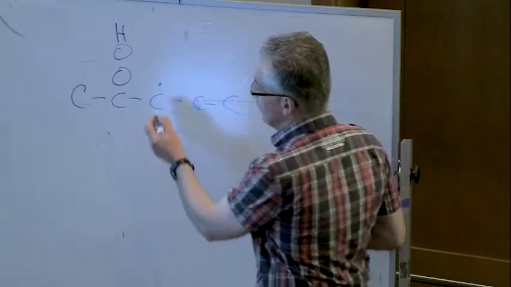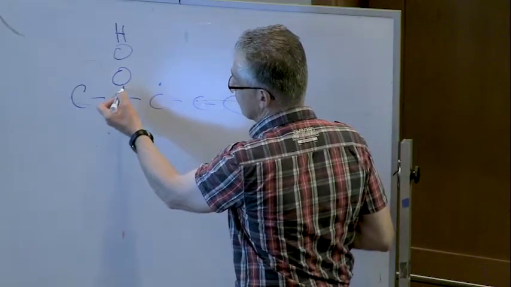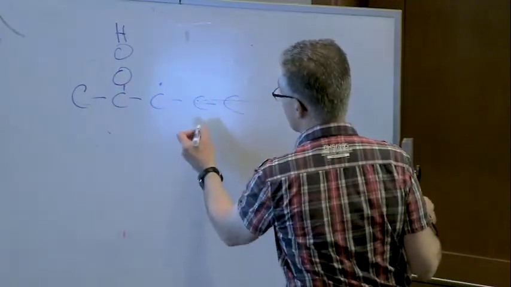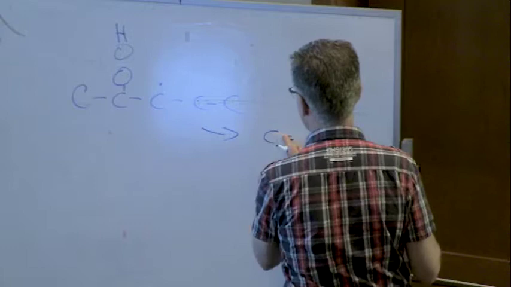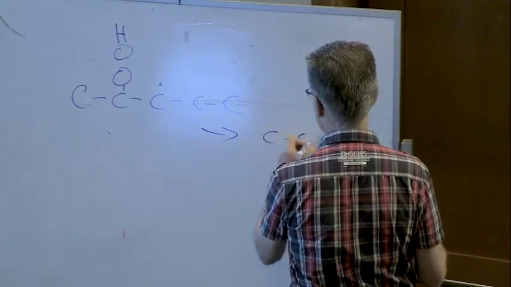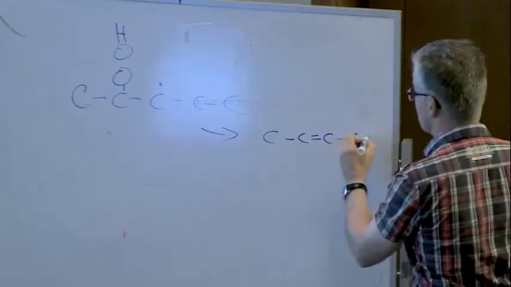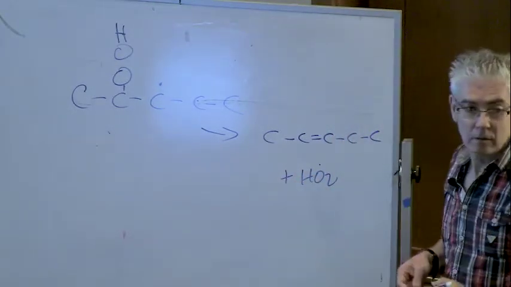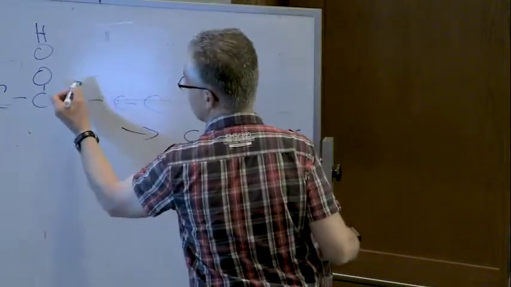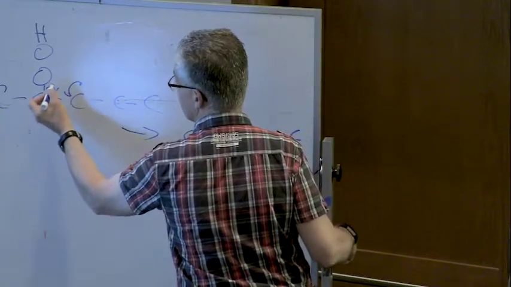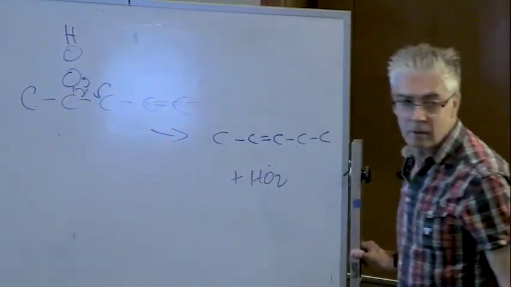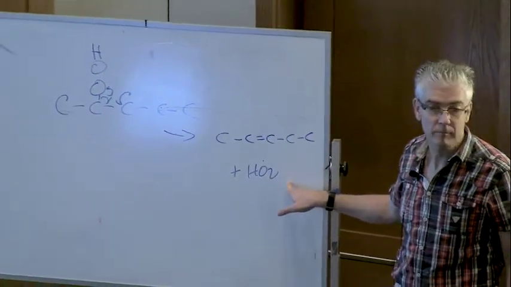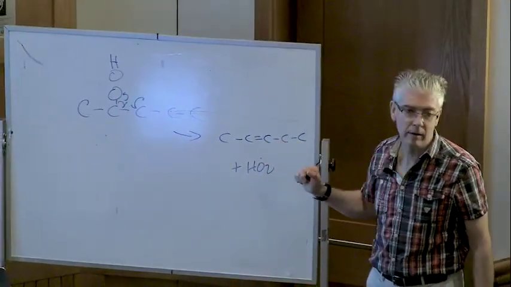But now this can cleave this CO bond to give an olefin, plus HO2. So this electron moves in here, this electron moves in here, and that electron moves out, if that makes sense, and you get 2-pentene plus HO2.